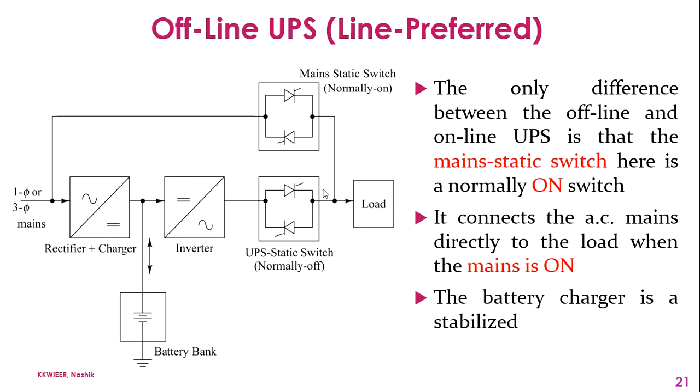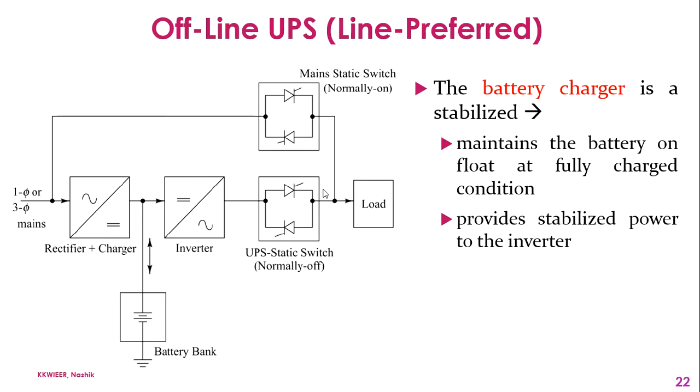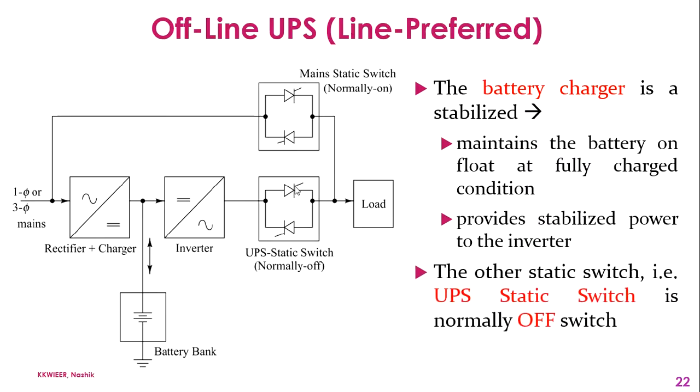The battery charger is stabilized in this case, as it maintains the battery on float at fully charged condition, and also it provides stabilized power to the inverter. The other static switch, that is this UPS static switch, is normally in the off state.